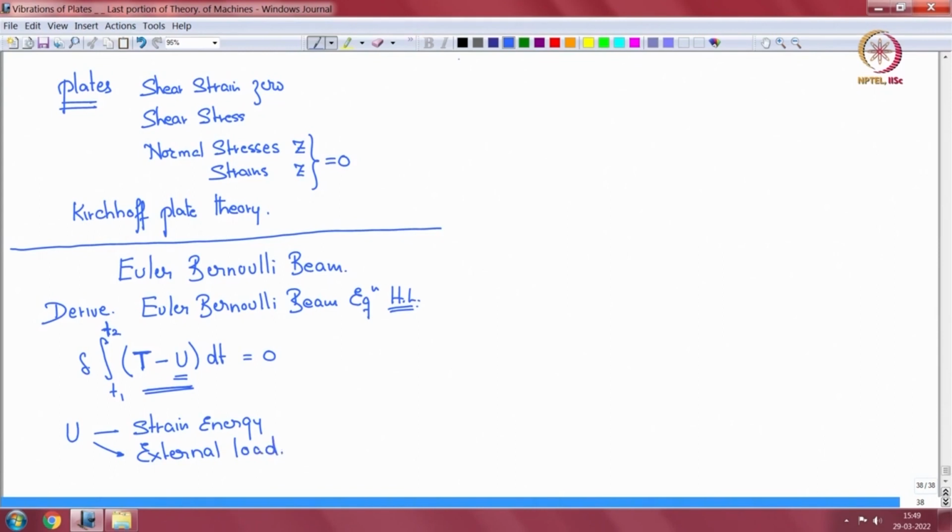The strain energy term is 1/2 the volume integral of sigma ij epsilon ij dV.